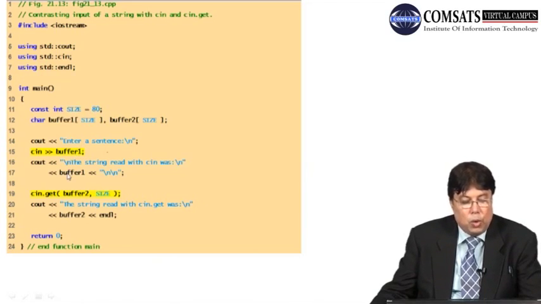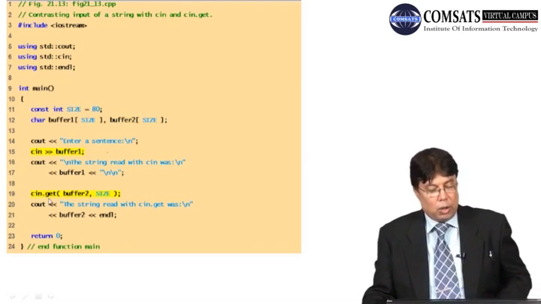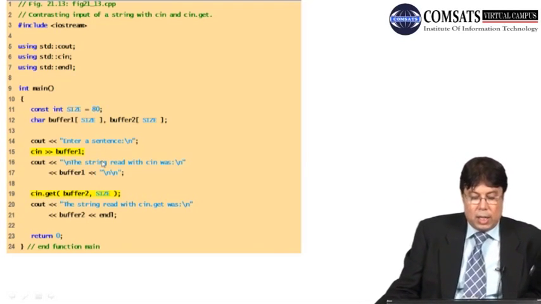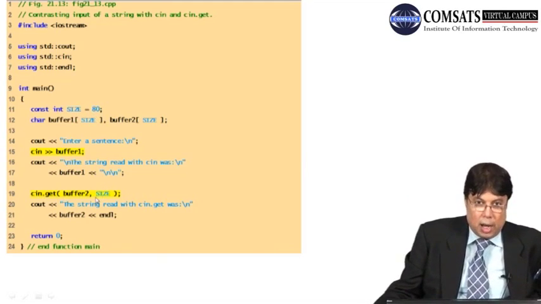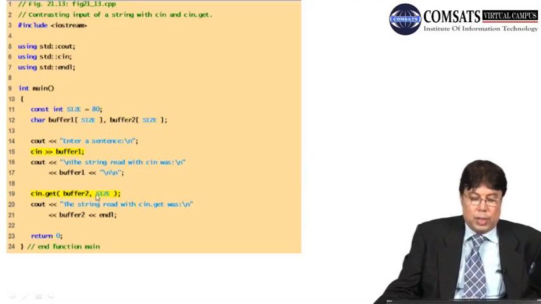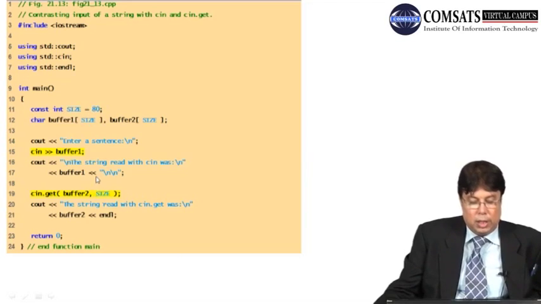But here you are not reading it as an array of characters, rather using the function cin.get, and since you have defined the size as 80, it will read up to a maximum of 80 characters. Okay, so if it is less than 80, it is terminated. If it is more than 80, still it will read it out.